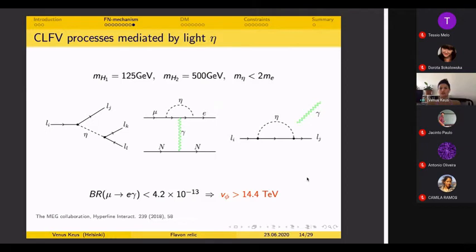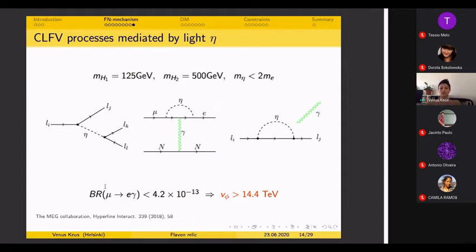As long as eta is lighter than twice the mass of the electron, or much lighter than the muon, this bound doesn't really depend on the mass of the eta. As you'll see later on, when we're looking at the dark matter properties of this eta, we keep changing the mass of the eta to see what happens in different regions of the parameter space.